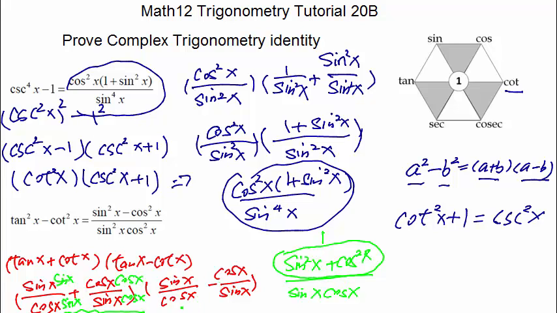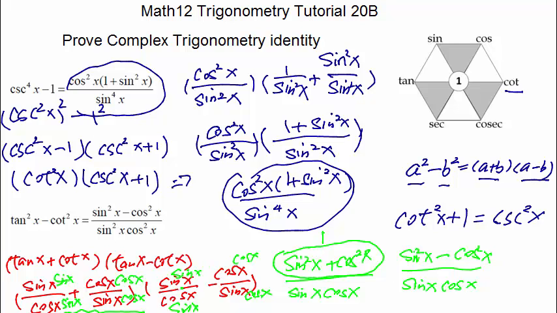We can do the same thing here. I multiply by sine x here, sine x here, cosine x here, cosine x here. On this side, we're going to have sine x cosine x, which equals sine x squared minus cosine x squared.